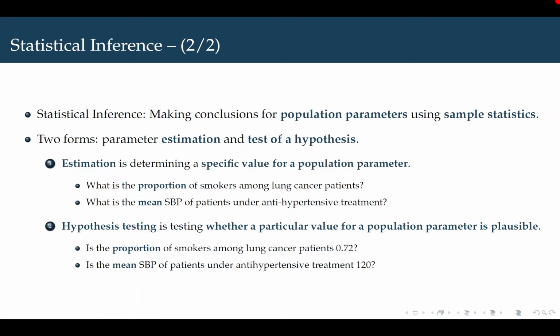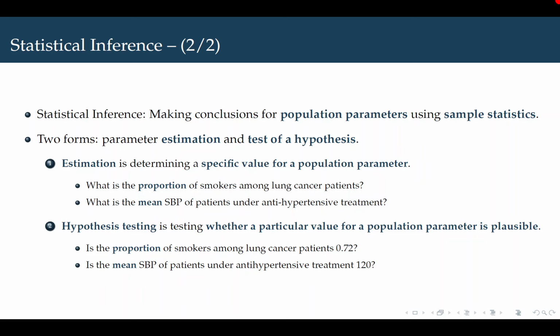So the question is, is the proportion of smokers among lung cancer patients 0.72? Now here the parameter of interest is the population proportion of smokers. And here we are intended to determine whether 0.72 is a plausible value for the population proportion of smokers.